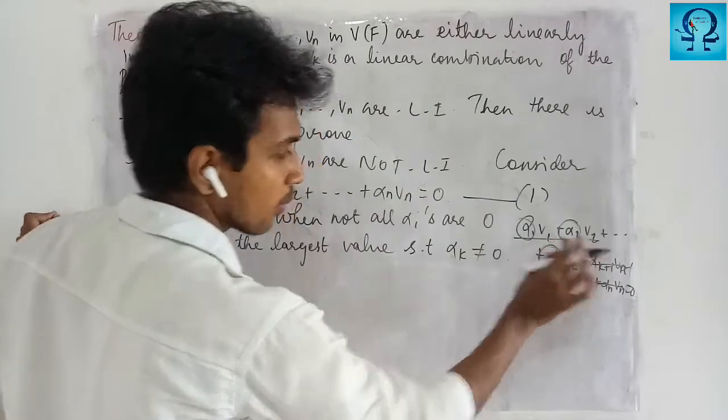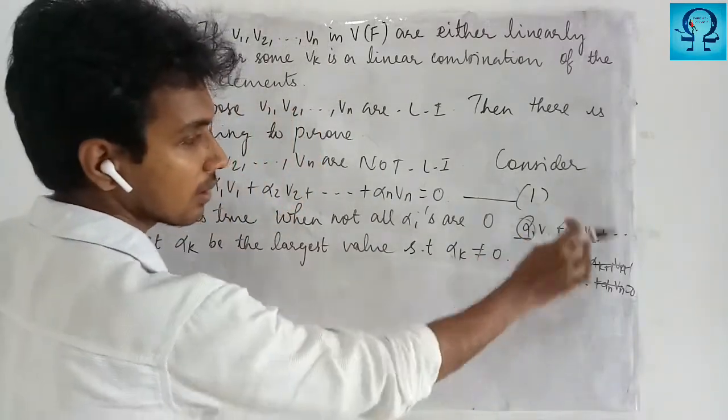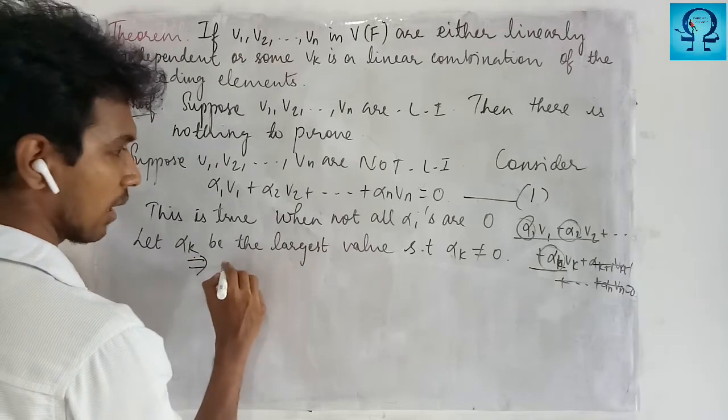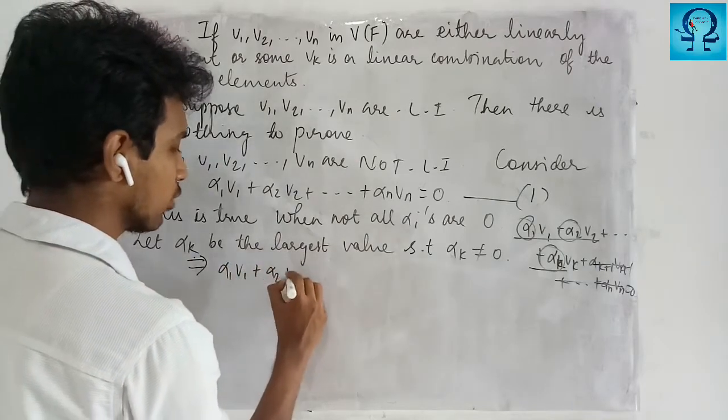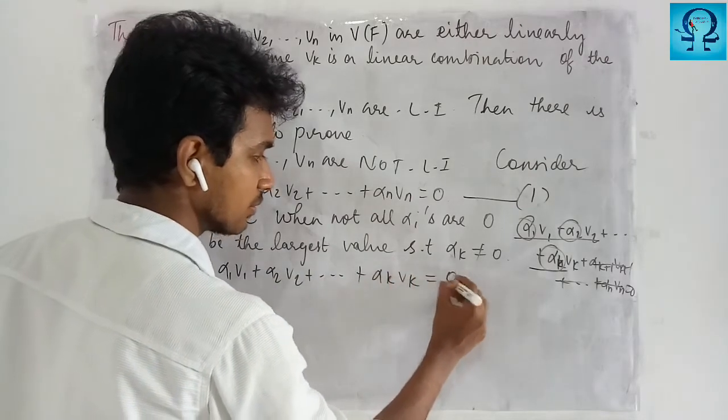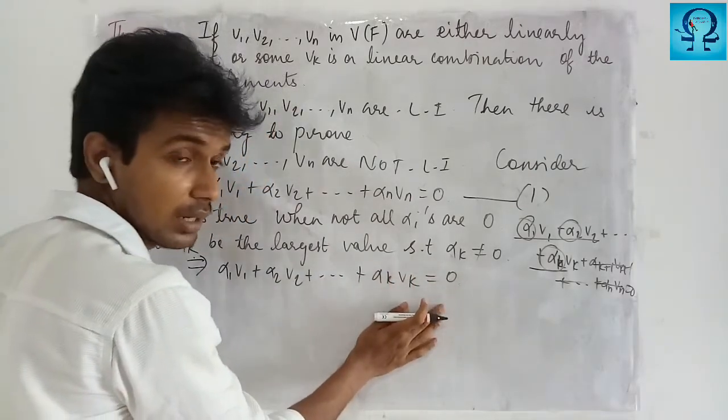Now here what I can do is consider these things. Then what you will have is alpha 1 v1 plus alpha 2 v2, going till alpha k vk is 0. This is what you are going to get, right?